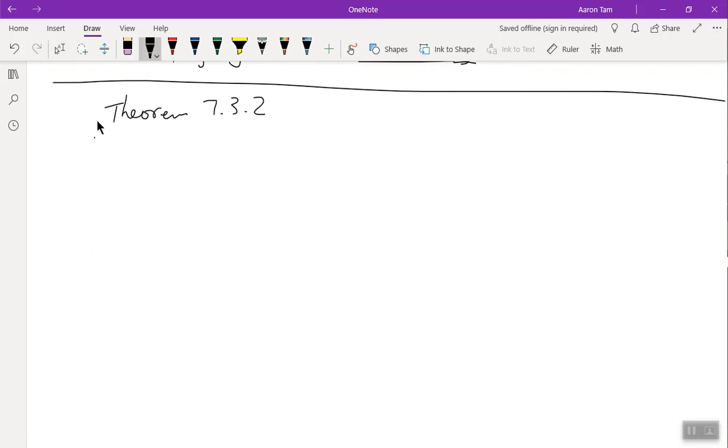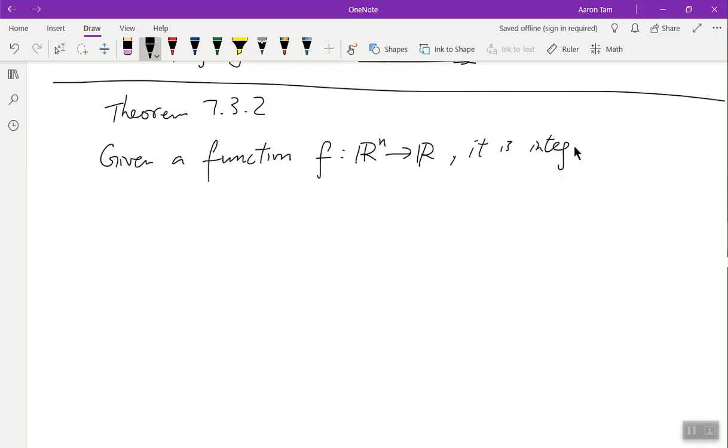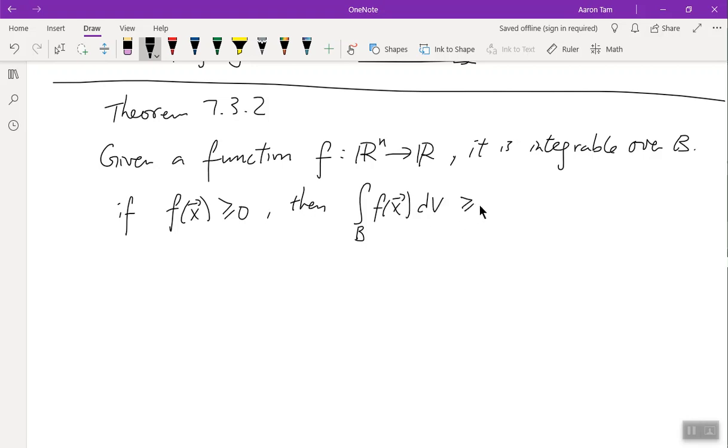Given a function f, and once again, function f maps from Rn to R, and let's say f is integratable over region B. If the function f of vector x always gives out a number that's either 0 or positive, then the integral over B of f of vector x dV will also always give out a number bigger than or equal to 0.